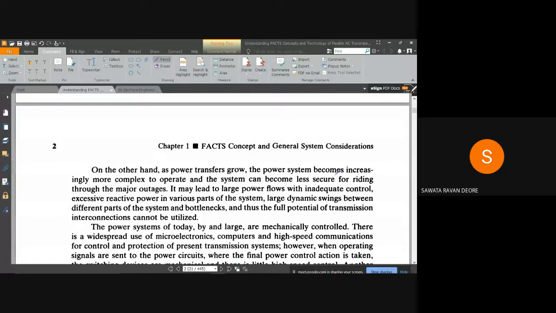But rather than that, if by means of some power electronic device we can regulate the parameters of that transmission line such that we limit the power flow through it and pass it through the underloaded line. Obviously, that is possible if we have a flexible AC transmission system.